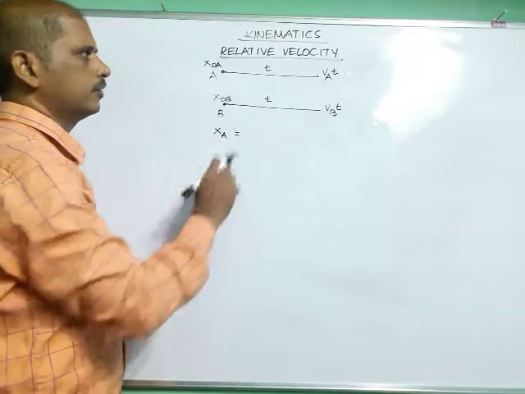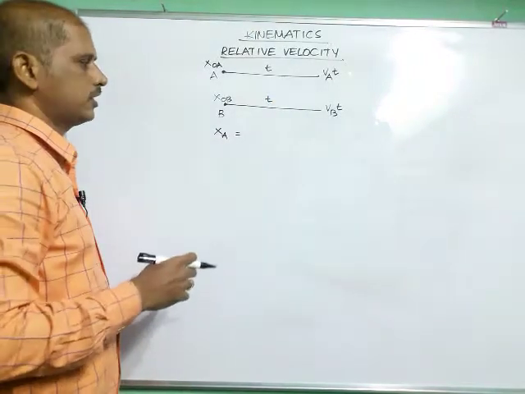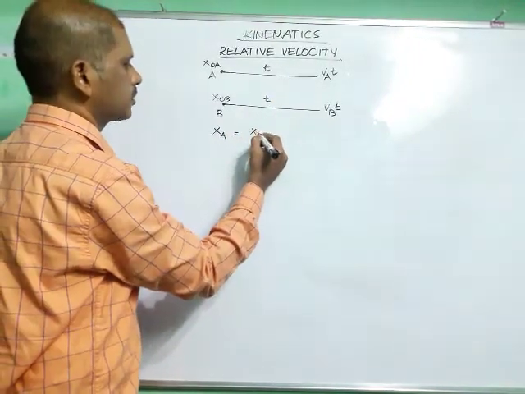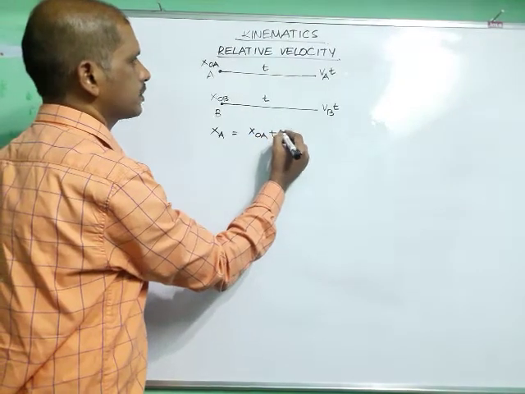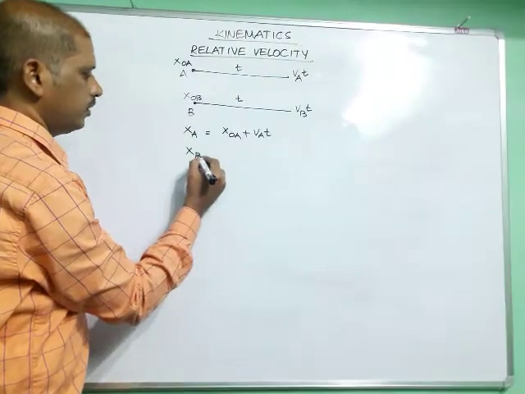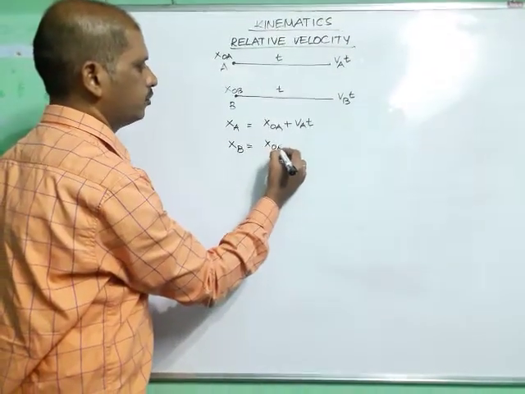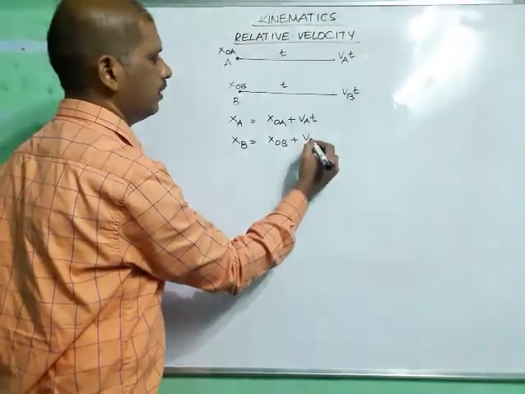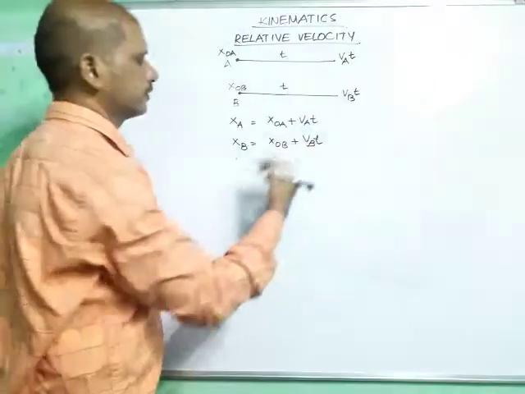After traveling some time, XA is given by XOA plus VA into T. Next, XB is equal to XOB plus VB into T.